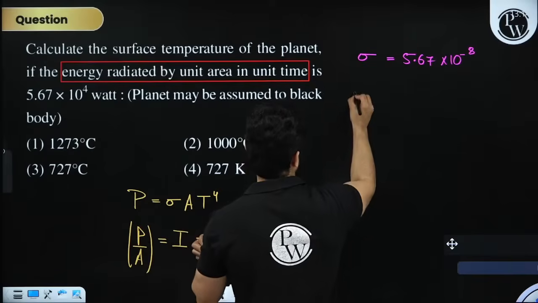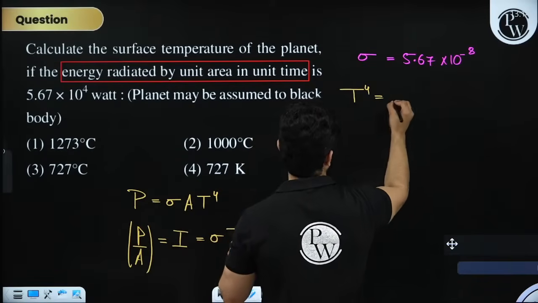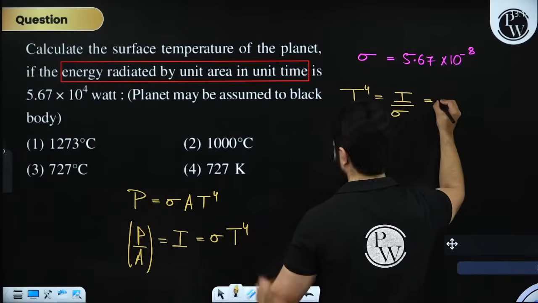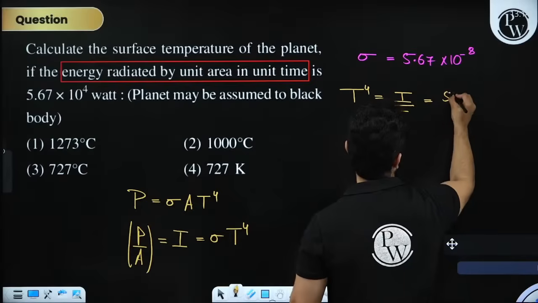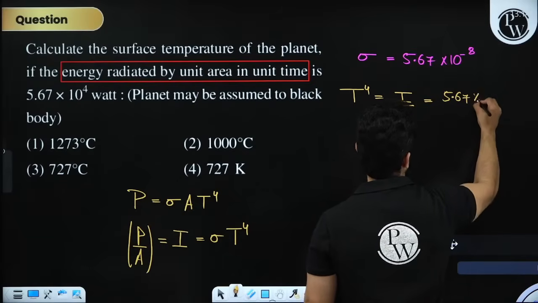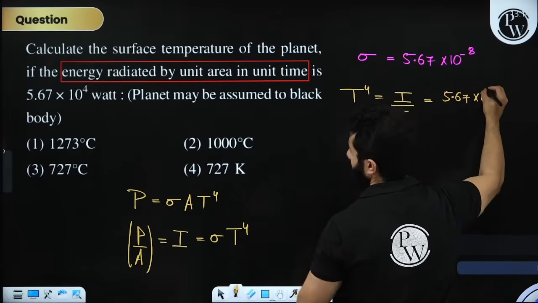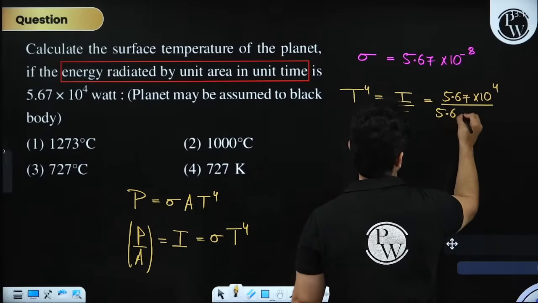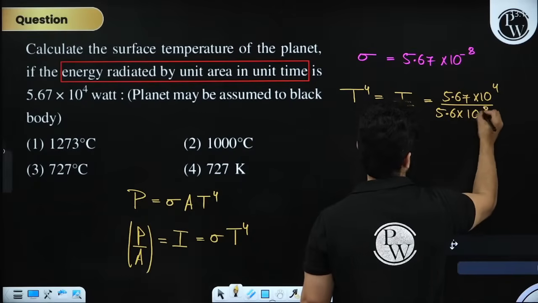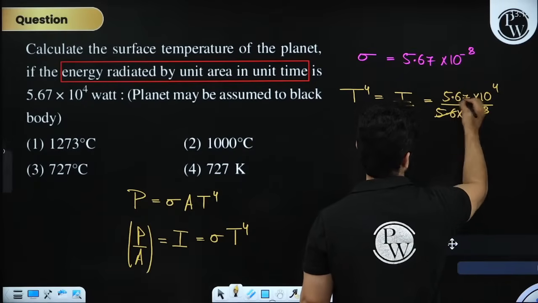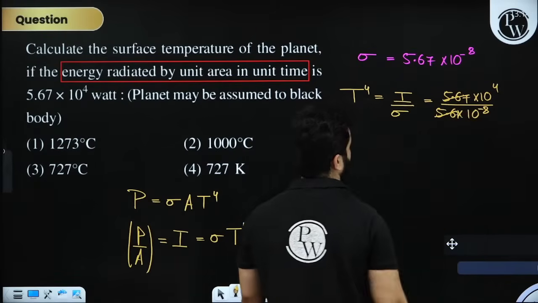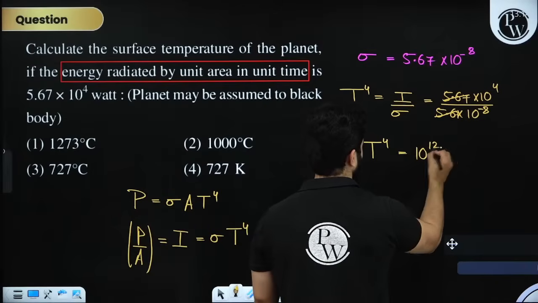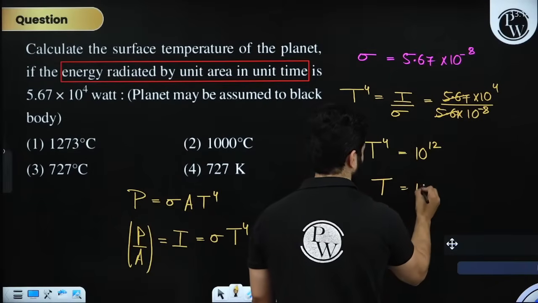The intensity is 10 to the power 4 plus 4, that is 10 to the power 8, divided by 5.67 into 10 to the power minus 8. So 5.67 and 5.67 will get cancelled out, and we are getting T raised to the power 4 equals 10 to the power 12. That means T equals 10 to the power 3.